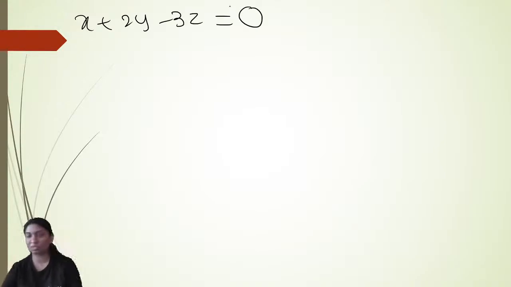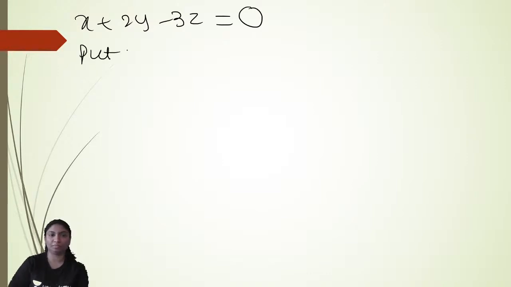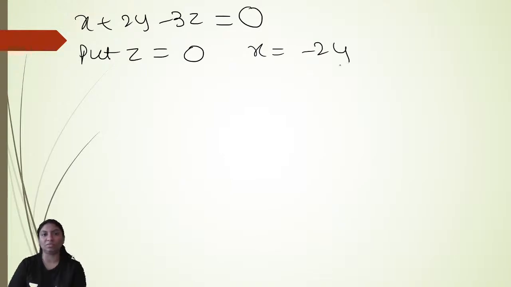From this, put z is equal to 0. We get x is equal to minus 2y.